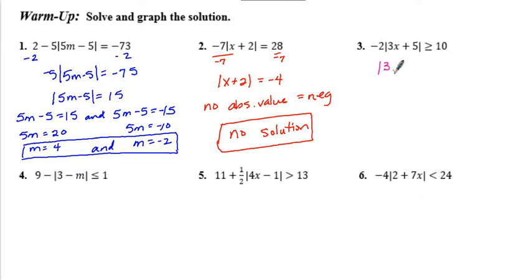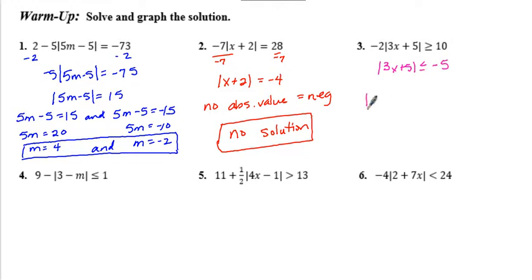Number 3, we have an isolation step to do. We divide by -2. And this guy is an inequality. So when I divide by the -2 for isolation, I have to flip the direction of this. So I've got the inequality is less than or equal to a -5. Now, once again, I have a negative over here, so I need to check for special cases. So let's think about this. Whatever I spit out of here is going to be a positive number. Can a positive number be less than or equal to a -5?